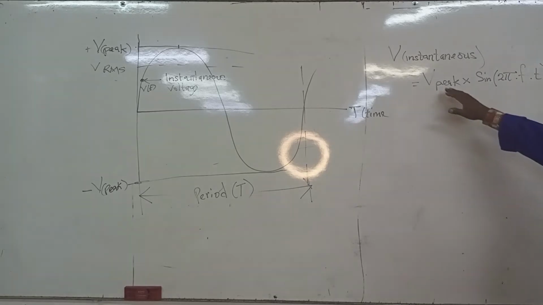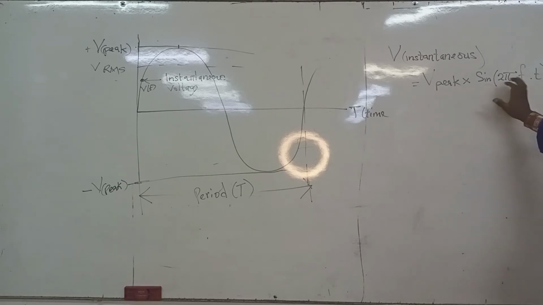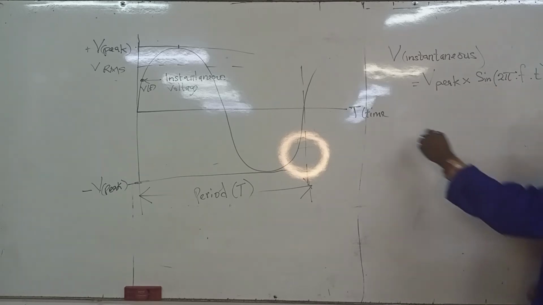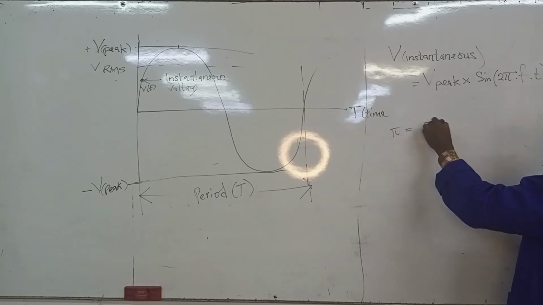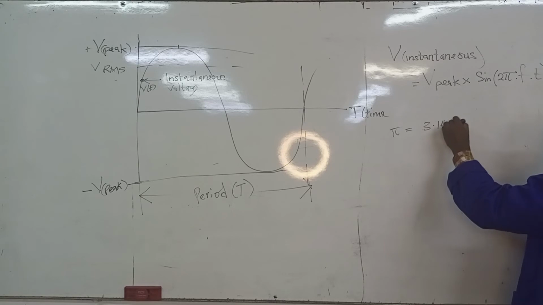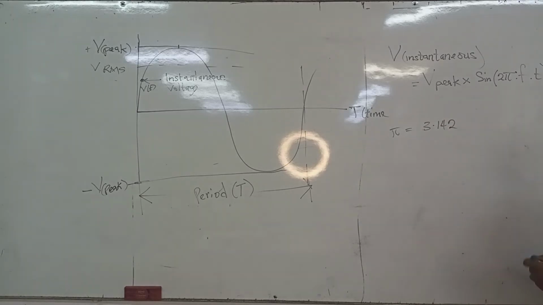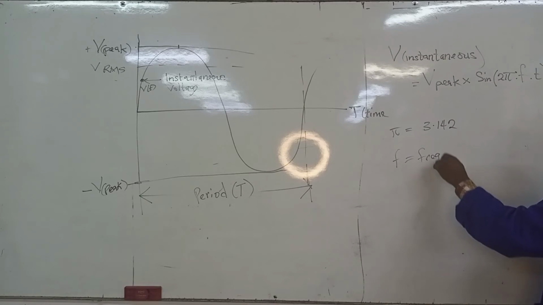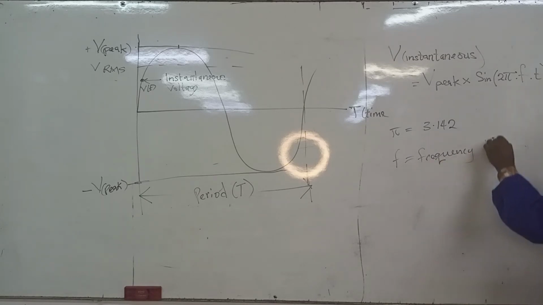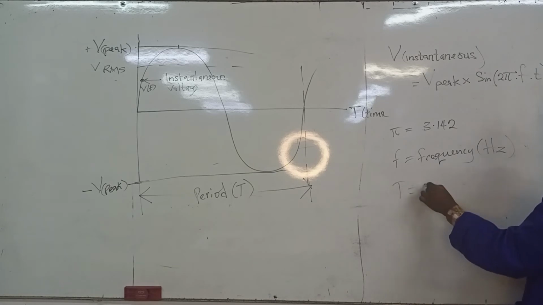So we have the peak voltage, we measure the peak voltage, then we find sine of pi, which is a constant. The pi is a constant, which is approximately 3.142. The frequency is measured in hertz, and then the time is a period.